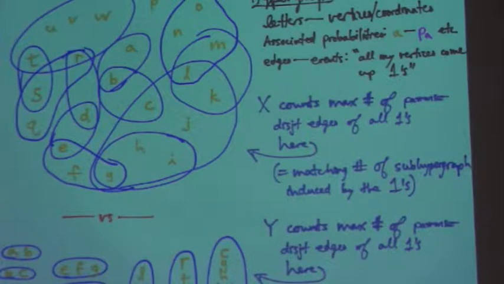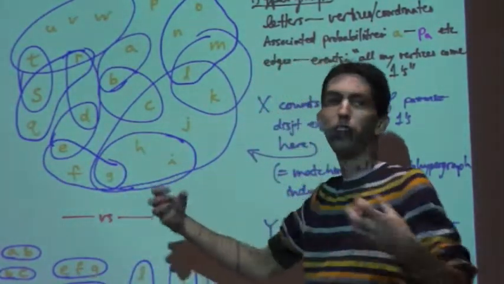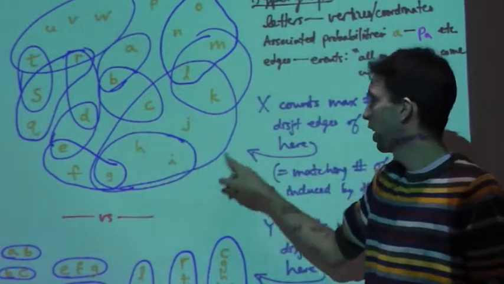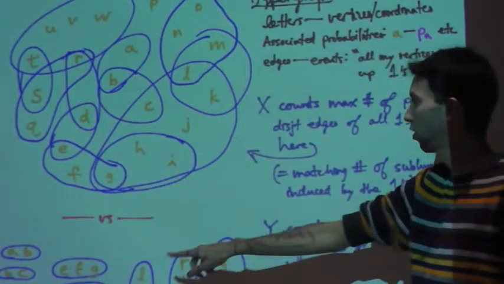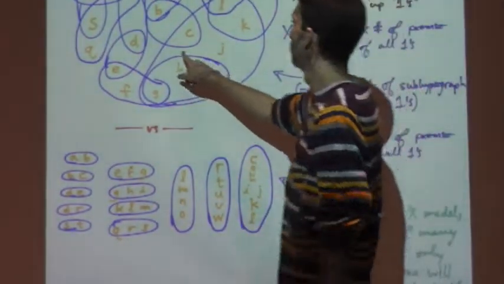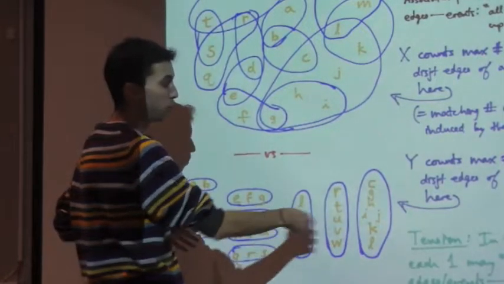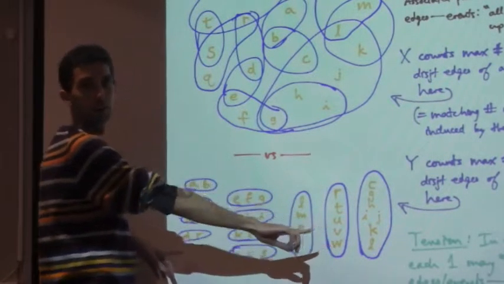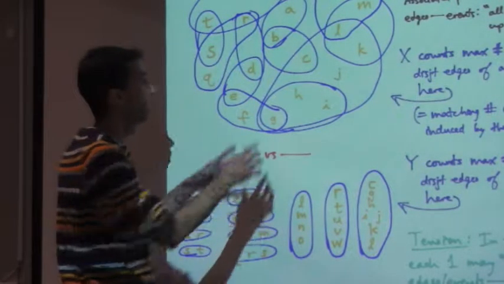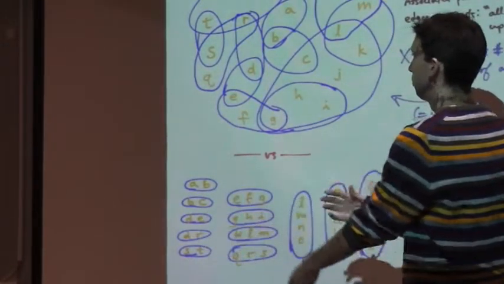Okay, and what is Y? Down here I took all these edges and I peeled them apart. Every edge up here is copied down to here, and it has the same letters in it. Obviously, letters with degree greater than 1 appear multiple times in this diagram down here, because they have to be copied into all the edges that they were in up there. I took the edges and I shoved them all apart.